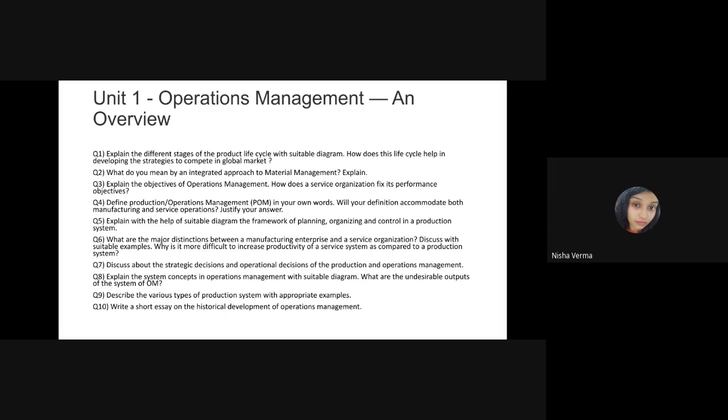You will have the formula that productivity equals output divided by input. And management of production systems is essentially concerned with the management of productivity.